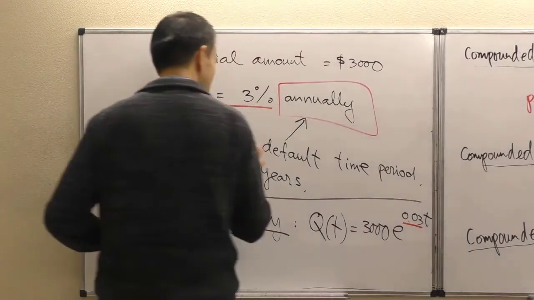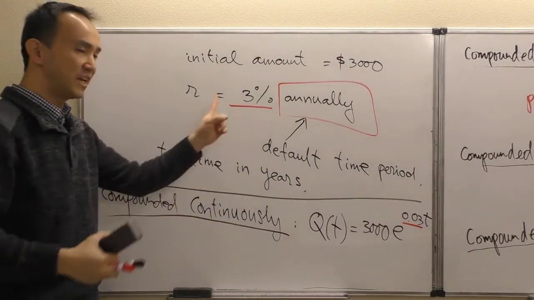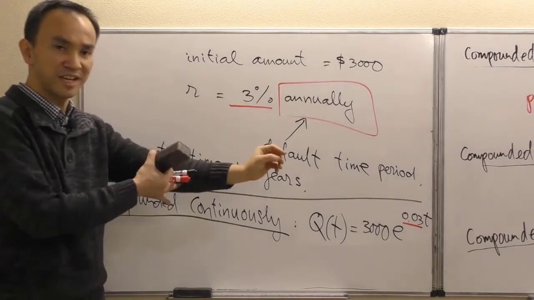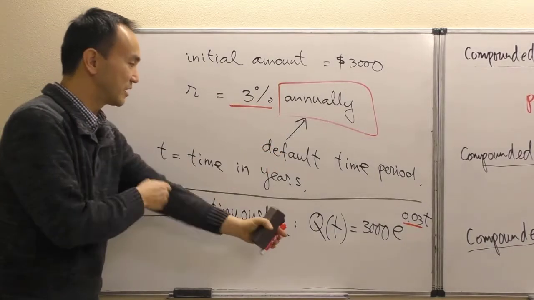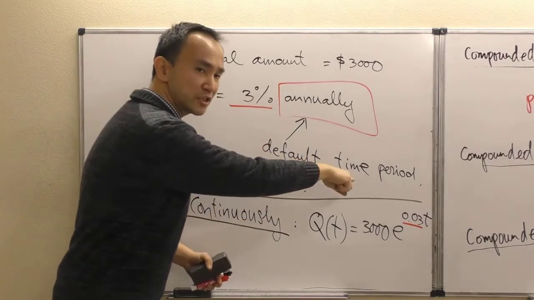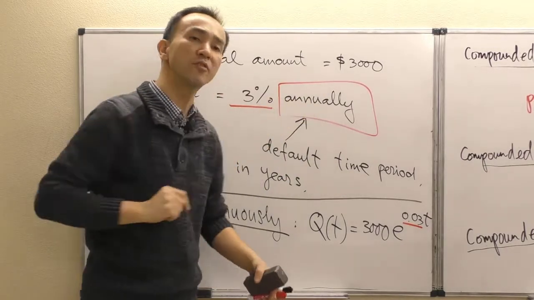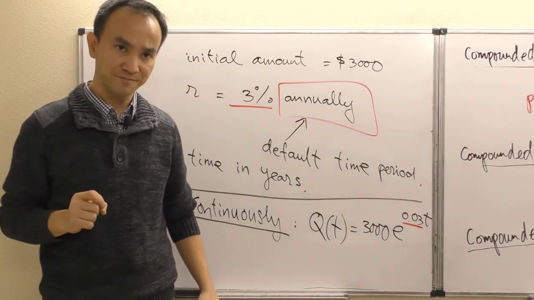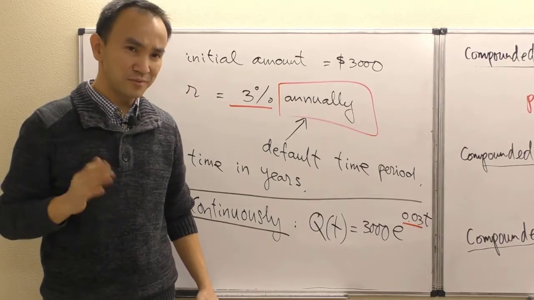In this particular problem, the interest rate stated at the beginning was associated with the default time period being annual, and this is the reason why.